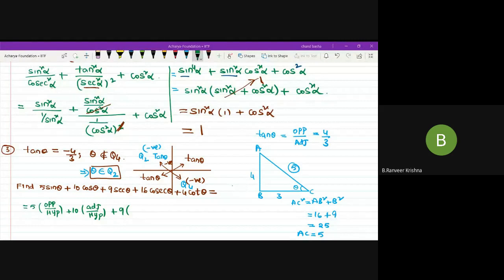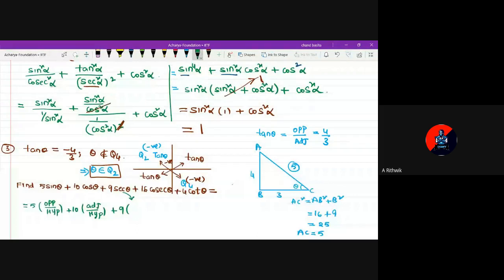Secant theta is hypotenuse by adjacent, the reciprocal of cos theta. Very good.